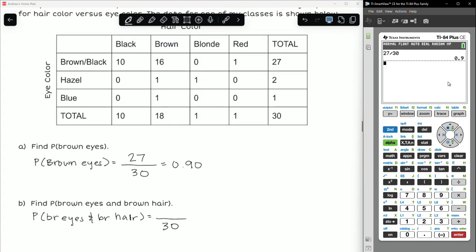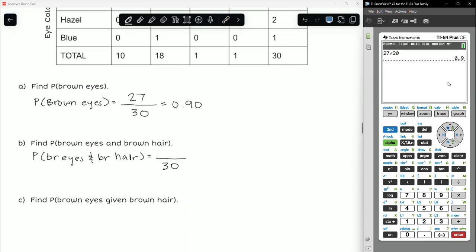And I'm looking in this case for the intersection of brown eyes and brown hair. Here is the brown eyes row. Here is the brown hair color. At that intersection, there were 16 students with both brown eyes and brown hair. So this would be 16 out of 30, which is 0.5333, or 53.33% of my class.